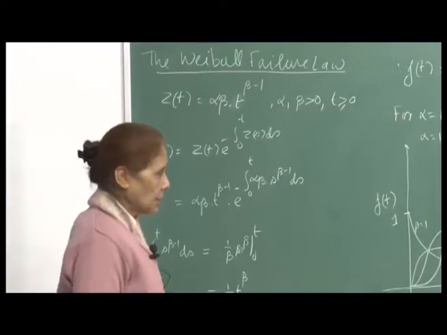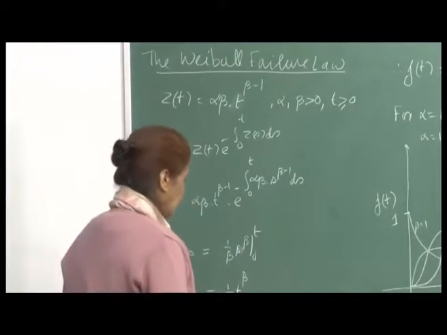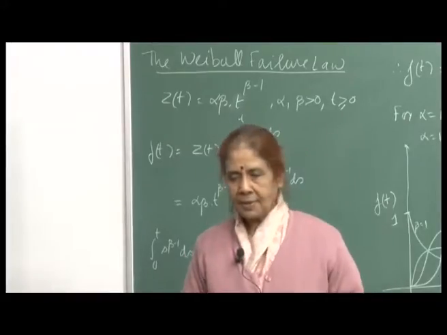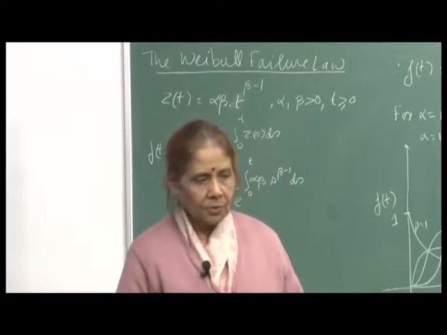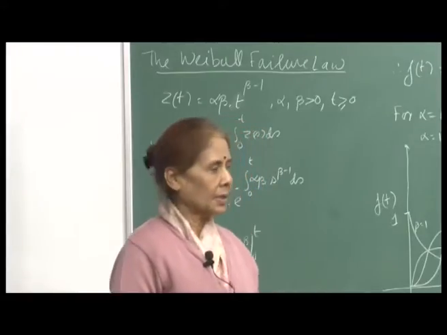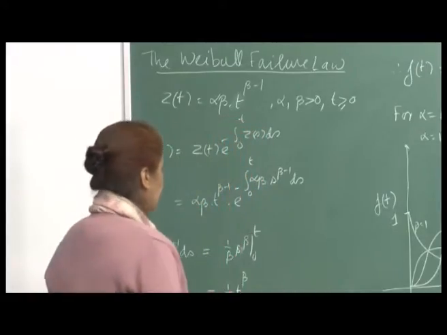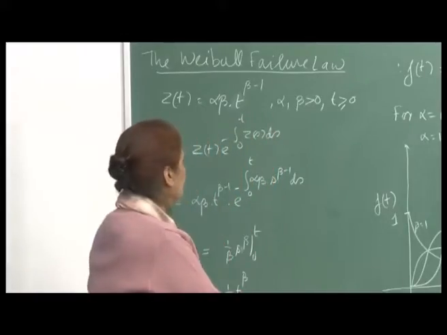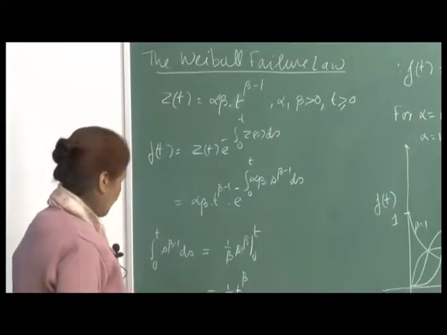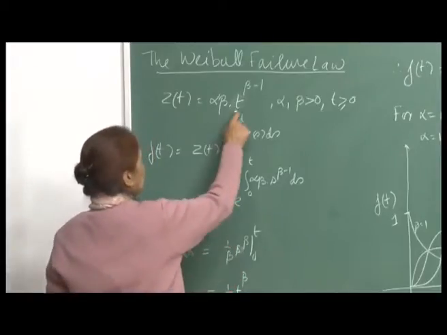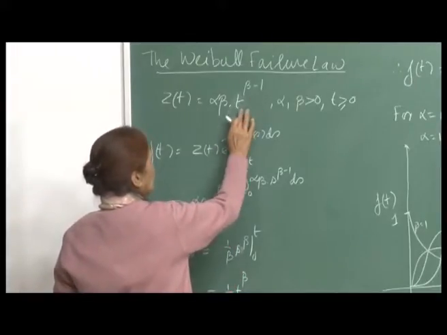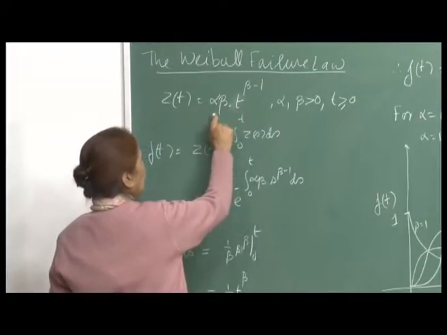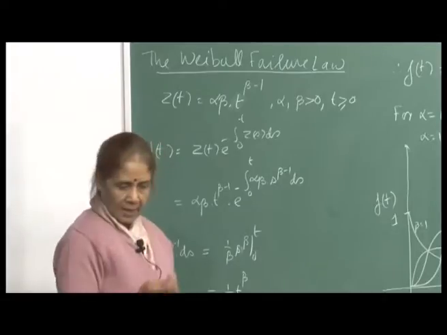That was a special situation, and we have seen that many electronic devices behave that way, so the exponential law is appropriate for them. Now if we want to modify this constant rate, then the Weibull failure law was thought of, and this is alpha beta t raised to beta minus 1. So now you have introduced a power of t, the time, and of course 2 parameters, and there can be more than 2 also.